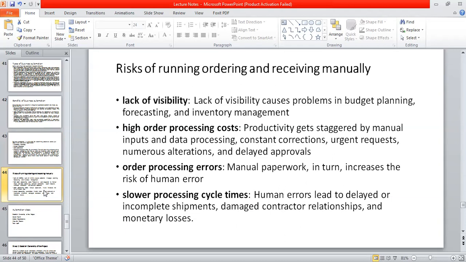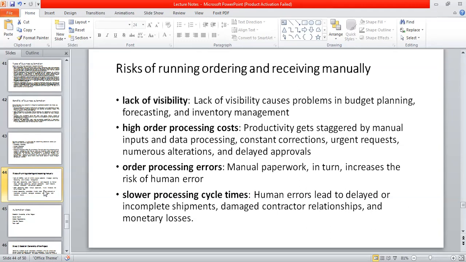And what are the risks of running the ordering and receiving process manually? One of the risks is lack of visibility. There's high ordering process cost. If a process is being done manually, it will be costly in terms of time and also in terms of monetary value. Another risk is with regard to processing errors.